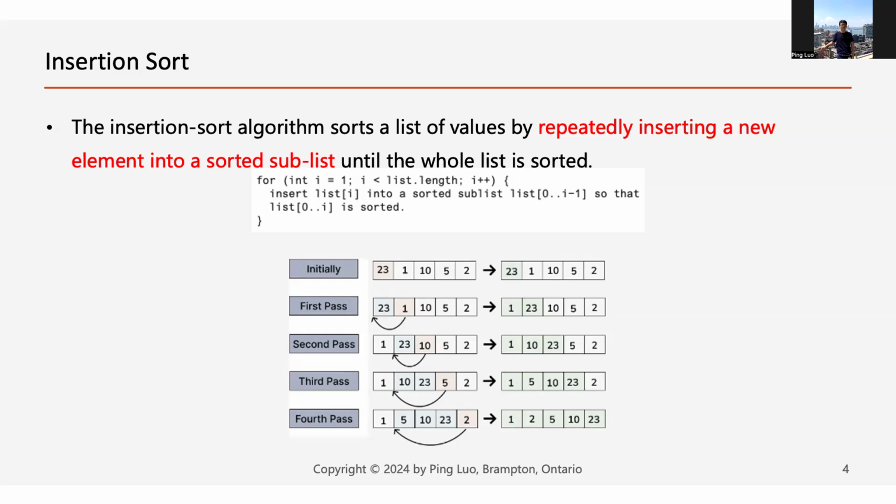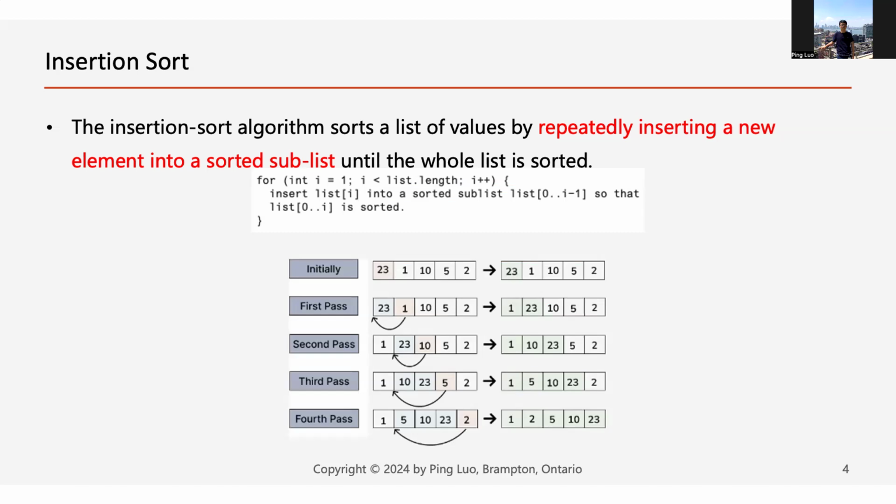Assuming we start from the first one, 23, because there's only one element, we don't need any insertion. But when we come to the second one, we can assume the previous one, the 23, is already sorted, and we just need to put one into the correct position relative to this 23.